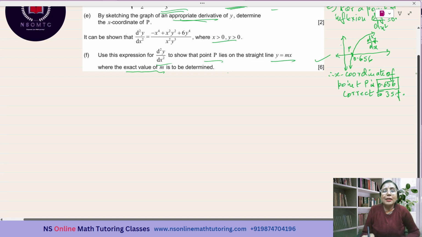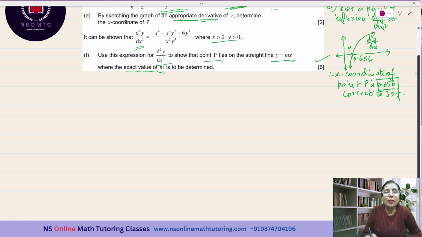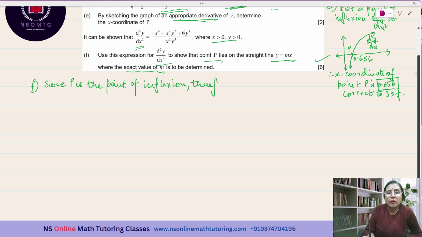So P is the point of inflection, hence d2y by dx square has to be equal to 0. Okay, so since P is the point of inflection, therefore d2y by dx square is equal to 0.